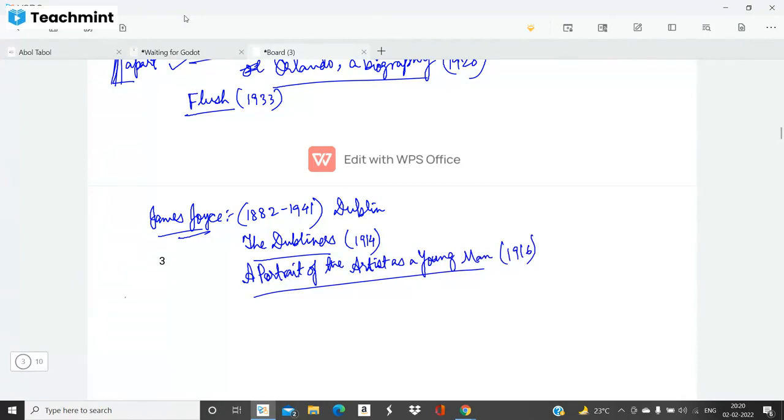This is highly autobiographical concerning a central character called Stephen Dedalus. And if you read Araby, the story that I mentioned from Dubliners, you'll see that the boy from Araby and Stephen Dedalus have so much in common. And Dedalus is often identified with Joyce himself.